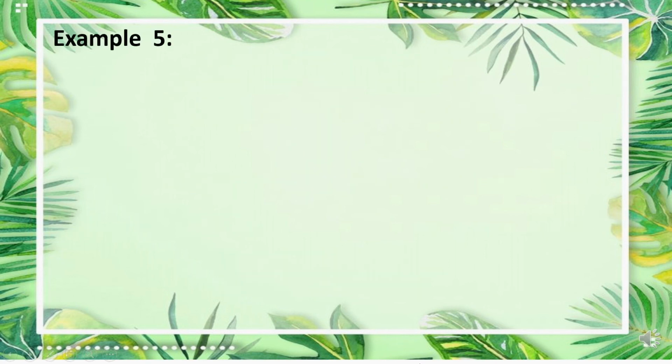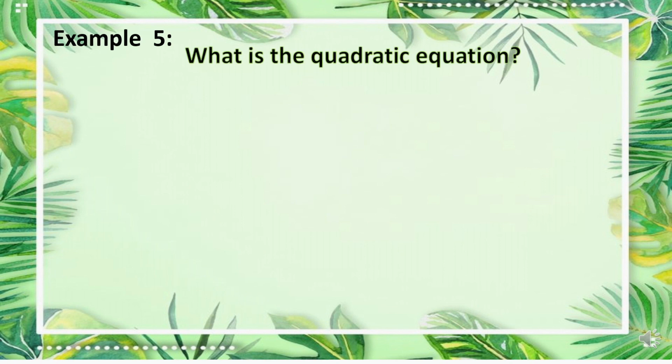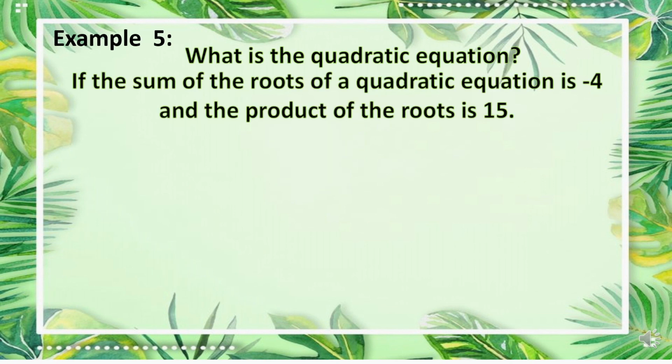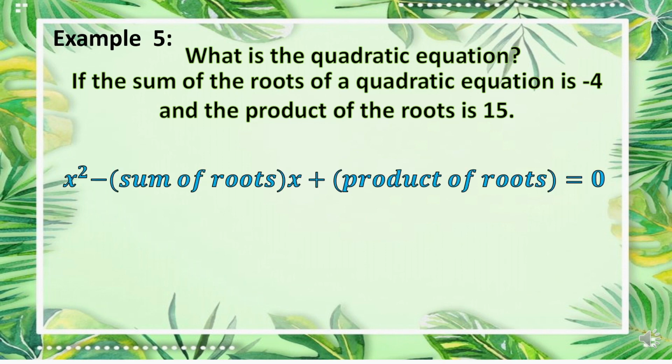Let's try another example. For the sum of roots, we have negative 4. And for the product of roots, we have 15. So again, from our equation earlier, we have x squared minus sum of roots times x plus product of roots is equal to 0.